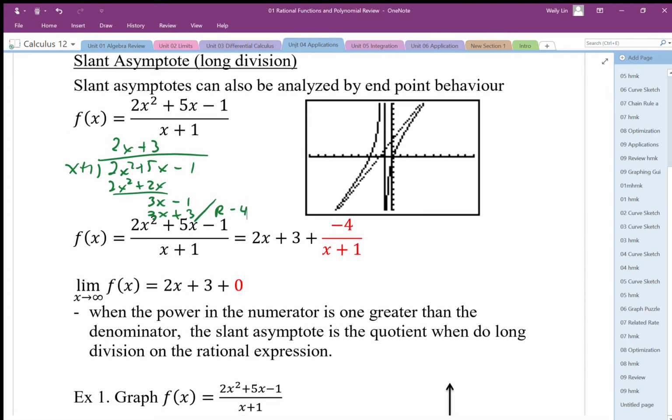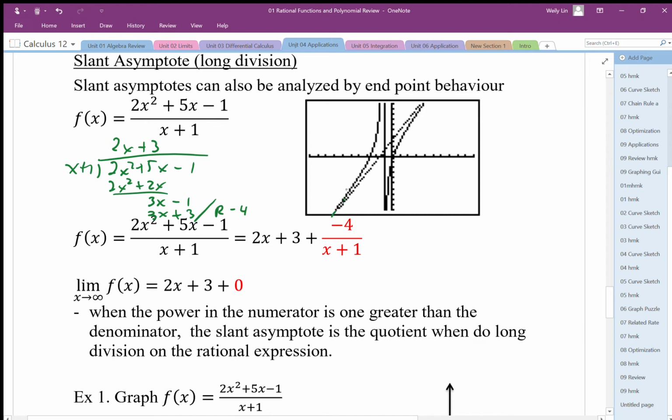So if I take a look at this graph and ask what's the limit as x gets really, really big, what's going to happen to this ratio, negative 4 over x plus 1? This essentially becomes 0, and this graph starts to behave like 2x plus 3.